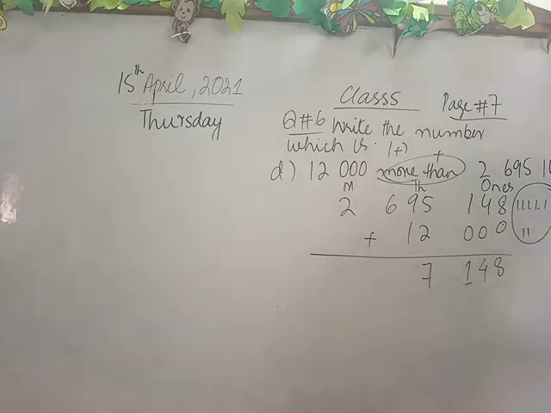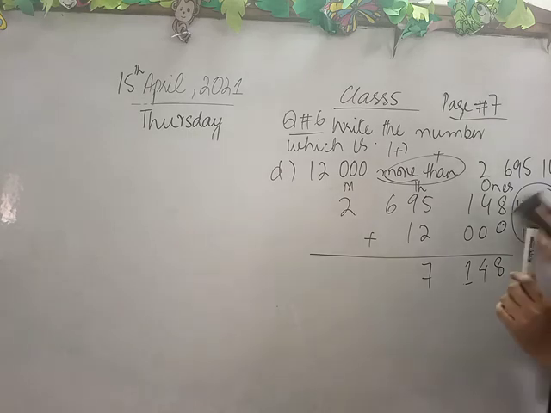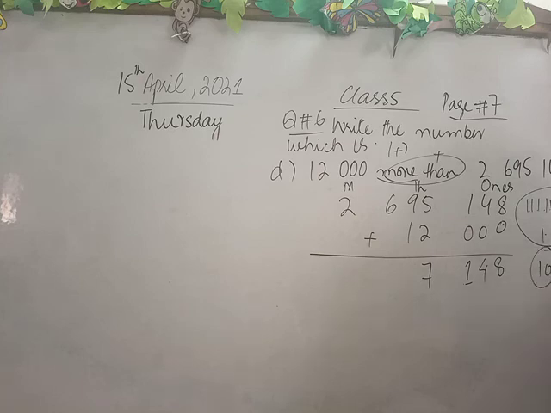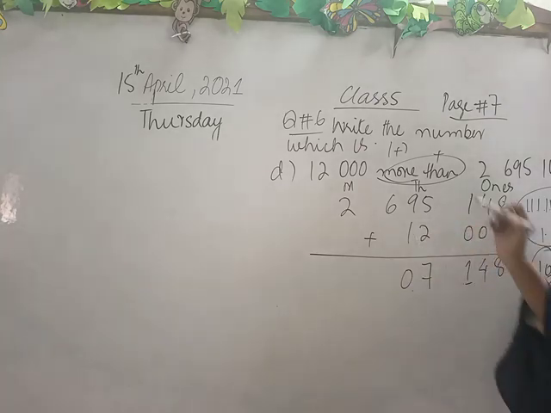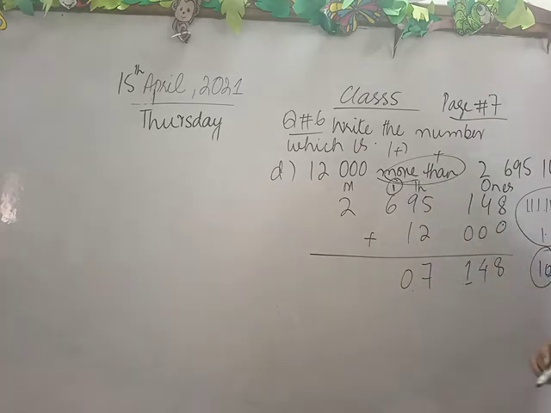Now for next value which is 9 plus 1. 9 upper and 1 lower. So in total we have 10, a 2 digit number. So we will write unit value which is 0 below and 1 as a carry. Okay.